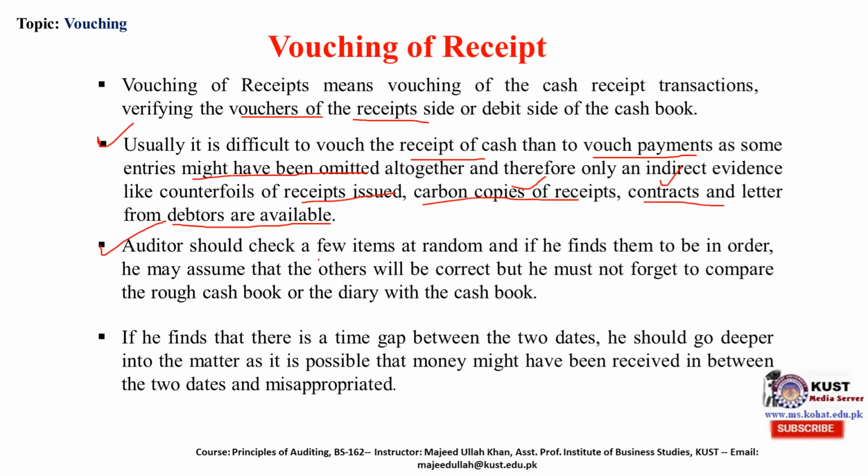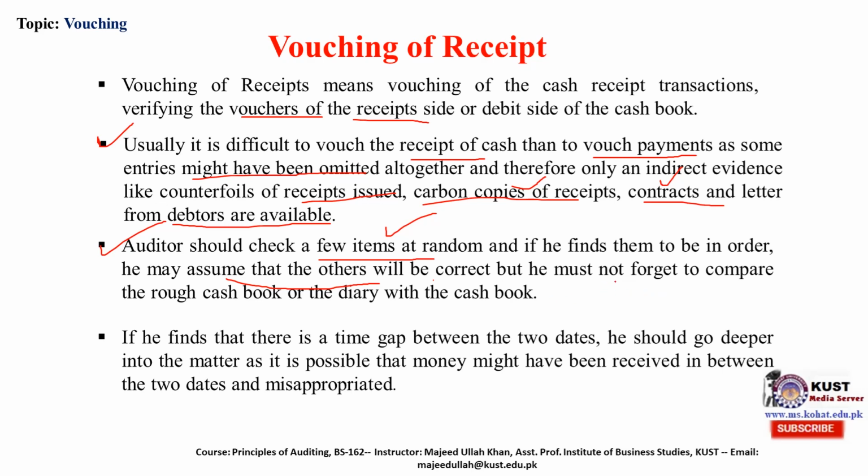The auditor should check a few items at random from the receipt side of the cash book. If he finds them to be in order, he may assume that the others will be correct. But this sampling basis will not exempt or waive the auditor from their responsibility.